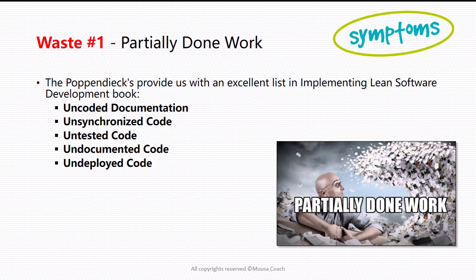Untested code. Code without automated testing, regression testing, and functionality testing is a breeding ground for bugs. Without tests and a stamp for these modules, it is a waste of time to assume the code is bug free. Undocumented code.